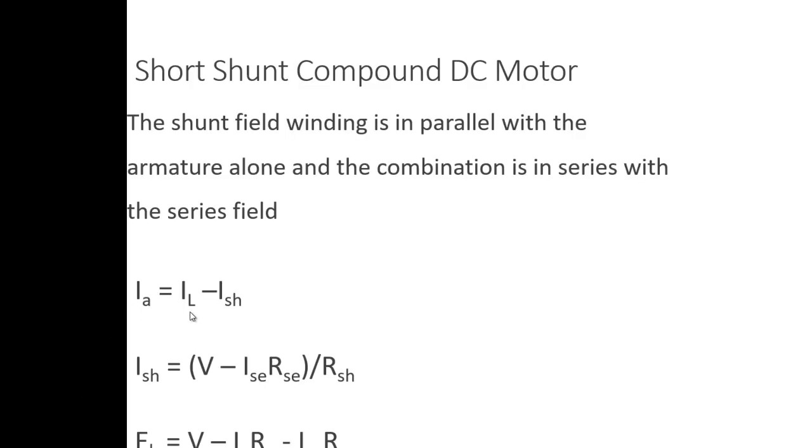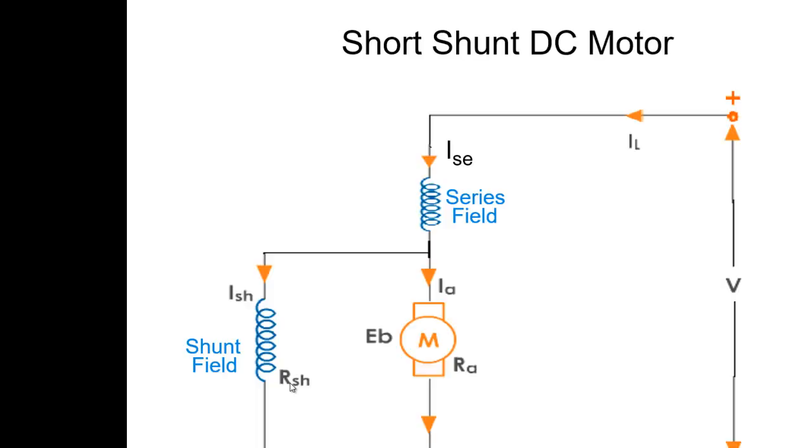So IA, the armature current, is equal to the total current IL minus ISH. And ISH is equal to V minus ISC RSC, divided by RSH. That means V minus this drop, divided by RSH, will be ISH.